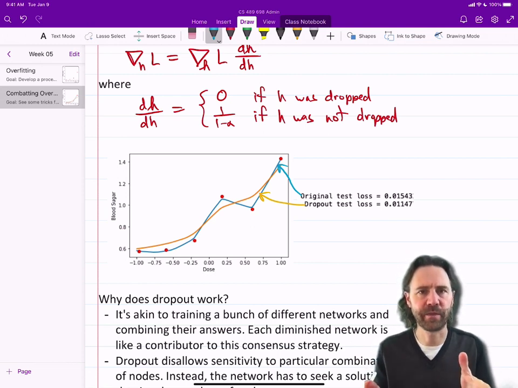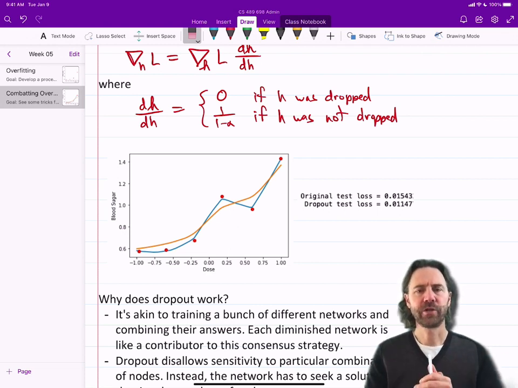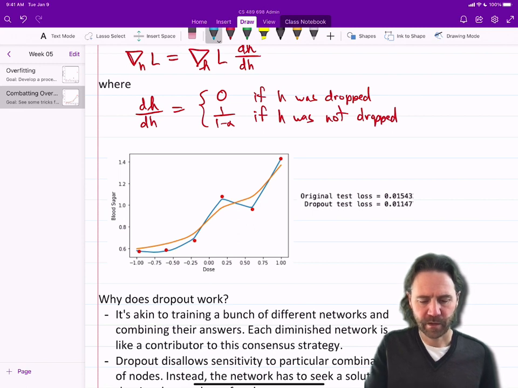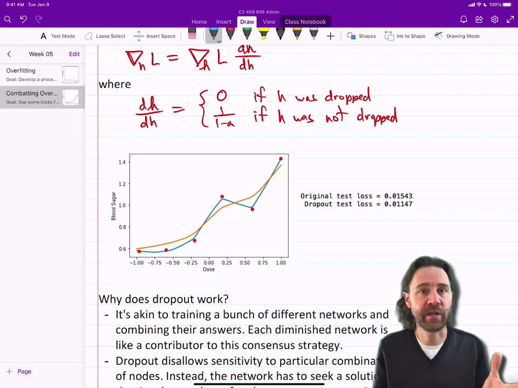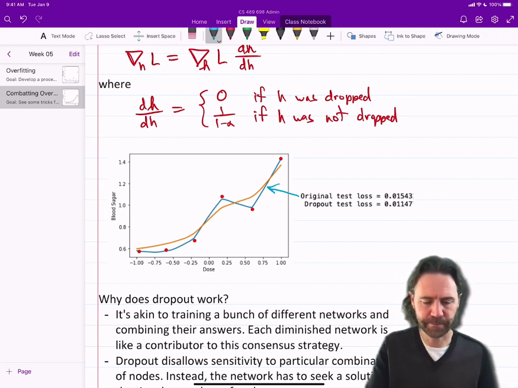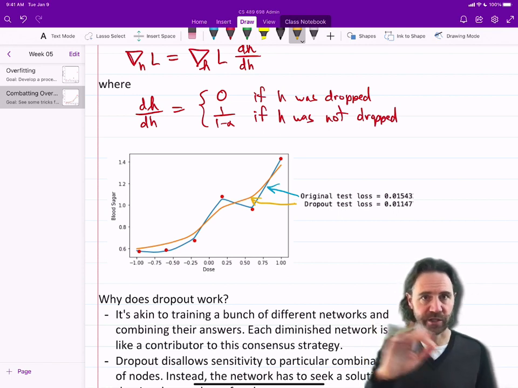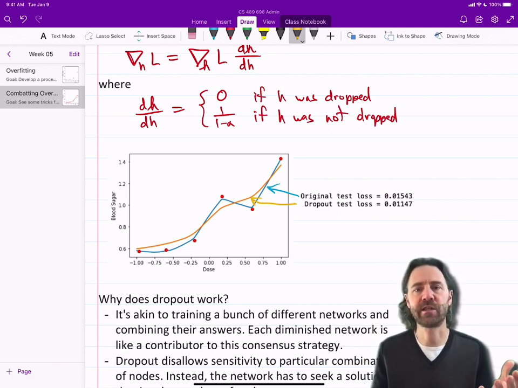Well, they were both trained on these 6 data points, but as we saw before, the network that was not regularized at all, or that didn't have any constraints, its test loss was fairly large, 0.015 in this case. The one that had dropout, this orange one, you can see it's a bit smoother, doesn't stick to those training points quite so much. Its test loss was 0.011, smaller.